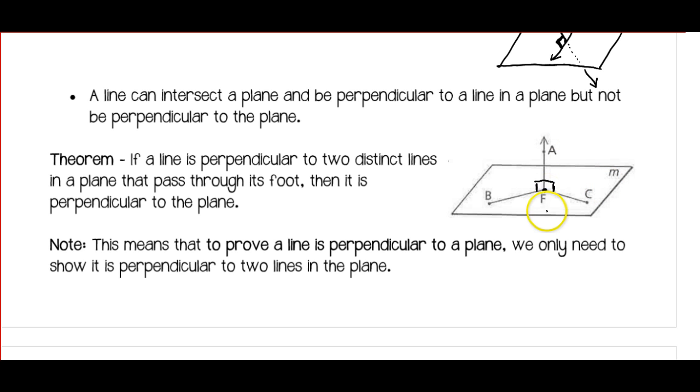So since AF is perpendicular to two lines in the plane that pass through its foot, it would be perpendicular to M. So we would say line AF is perpendicular to M. Okay, so again, this means that to prove a line is perpendicular to a plane, we only need to show that it is perpendicular to two lines in the plane, again, passing through the foot.